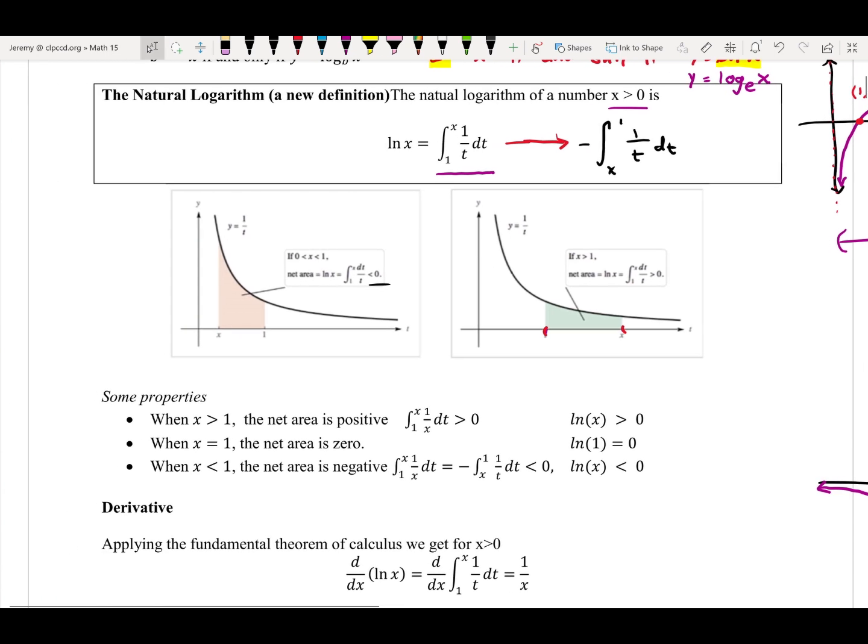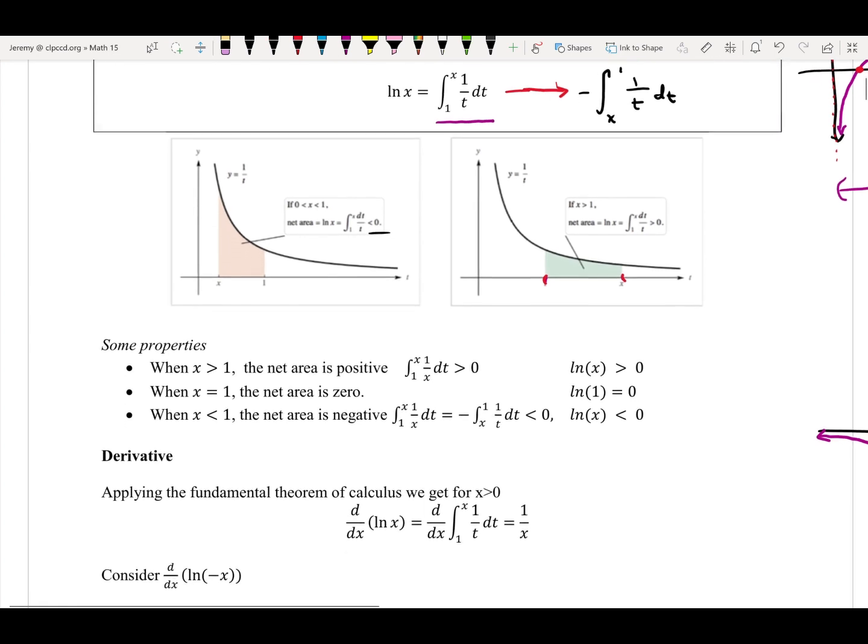So that's why, in this picture, the net area is actually a negative number. It's going to be less than 0. Okay, so that covers some properties down here. If x is greater than 1, we're expecting a positive natural logarithm output. If x is less than 1, it should be negative.